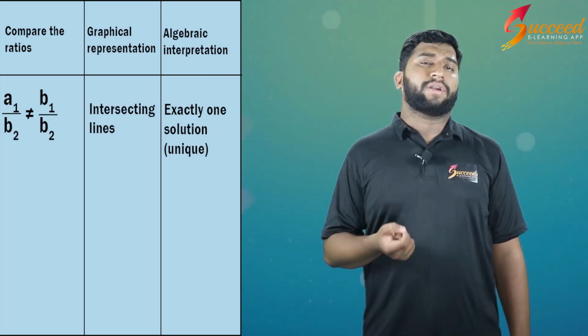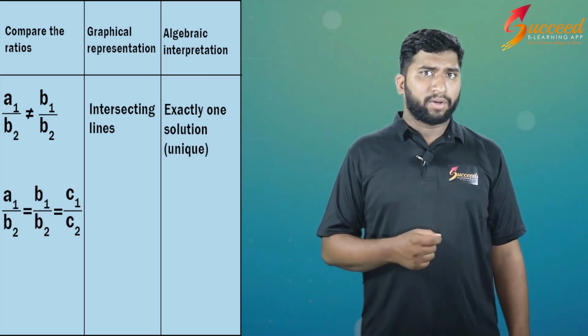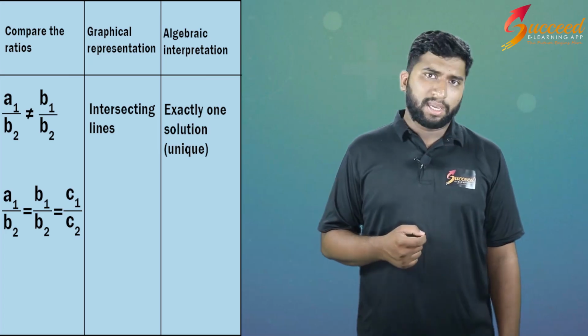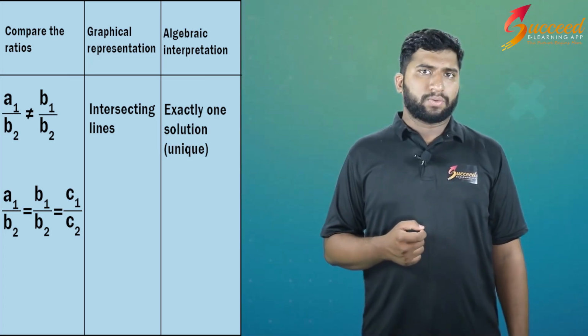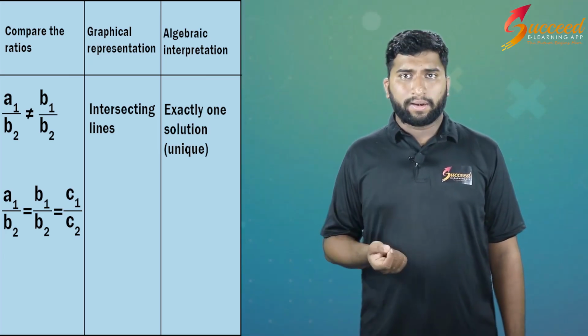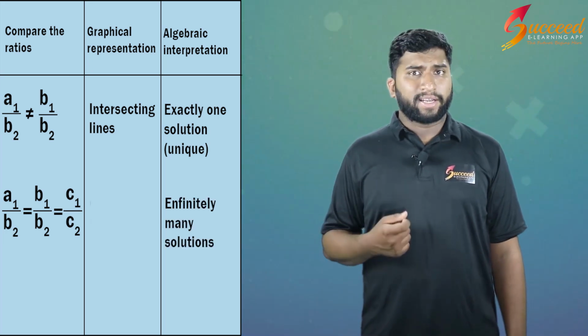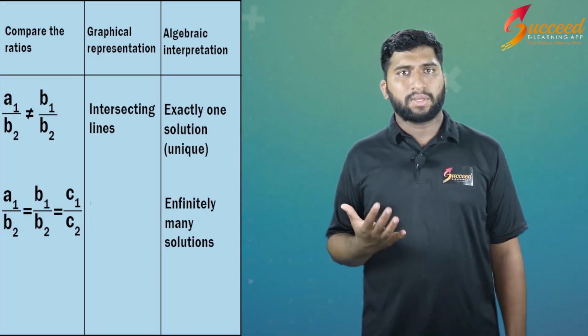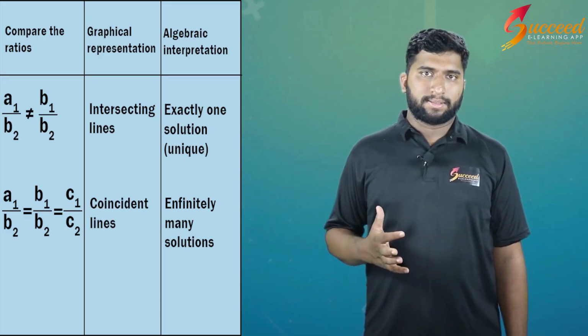Similarly, if your ratios are a1 by a2 is equal to b1 by b2 is equal to c1 by c2, you get infinitely many solutions, and when you plot the graph for this, you will get coinciding lines.